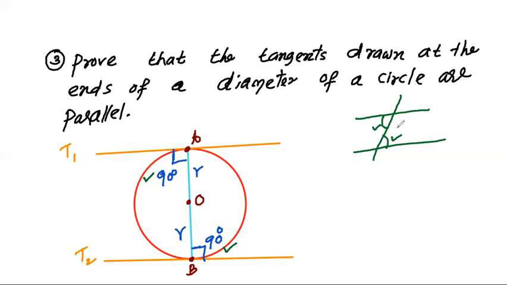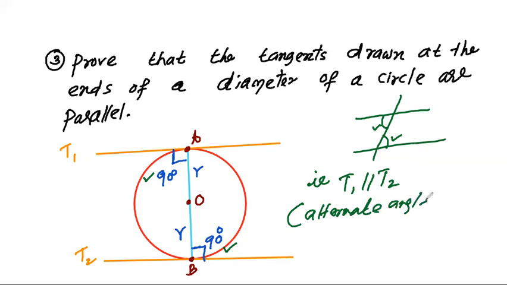The converse is: if alternate angles are equal, then the lines are parallel. Here, alternate angles are already equal. That's why I can write T1, tangent 1, is parallel to T2. Here you can mention the reason.